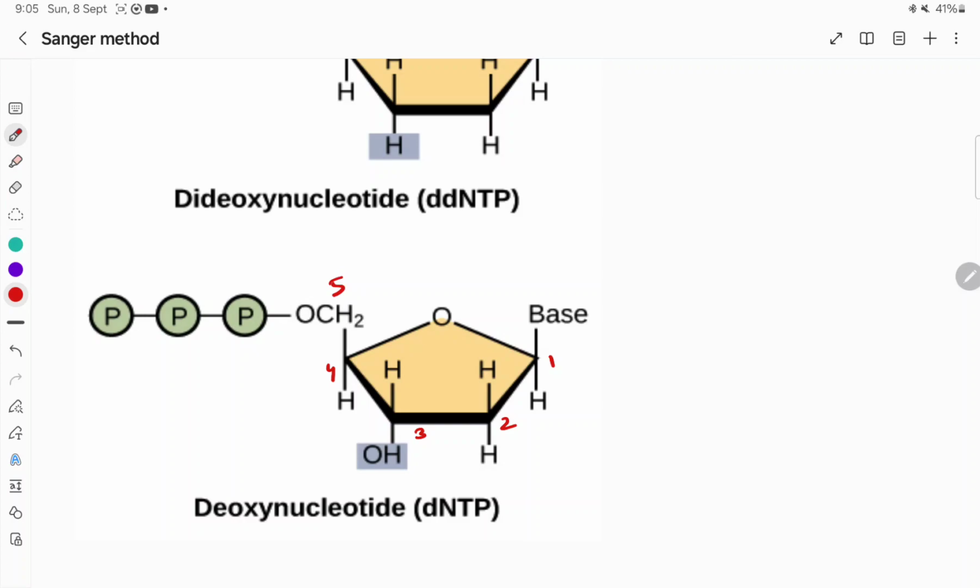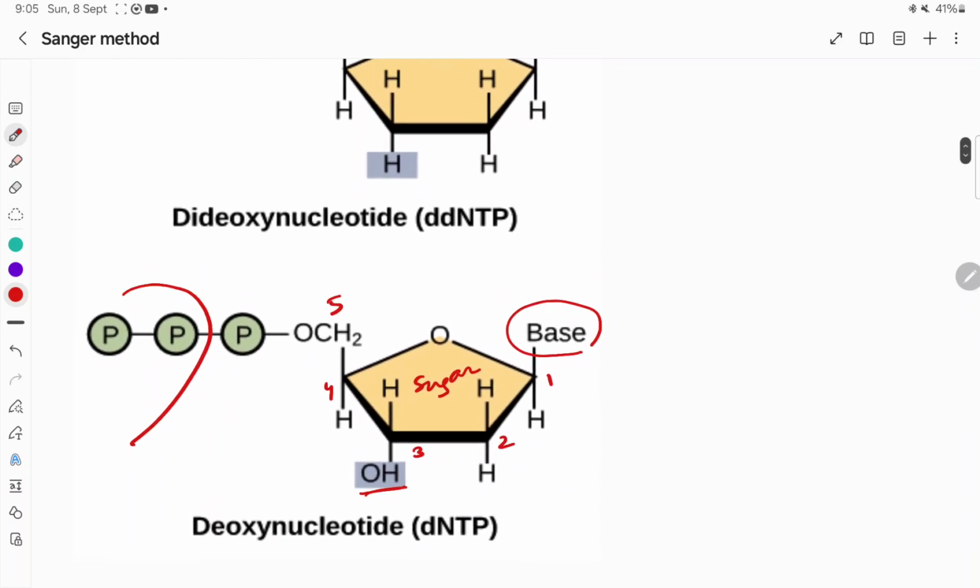In the 3 position there is the hydroxyl group, and because of this the chain elongates. This is the deoxyribose sugar, the base is connected here, and there is phosphate. During the linkage the diphosphate is taken out, and it connects with the 3 hydroxyl group of another sugar.